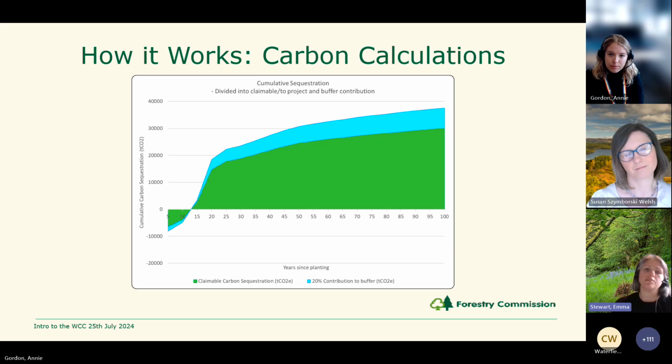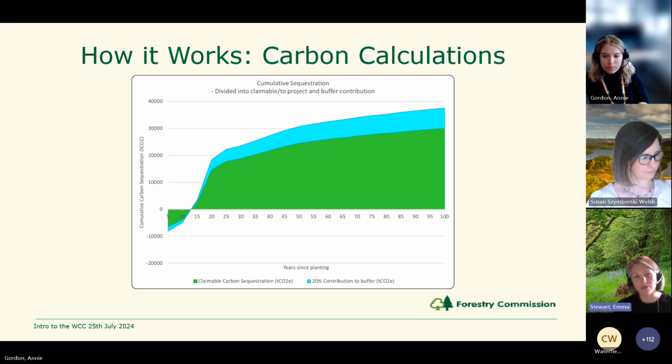We have Excel spreadsheets that can do that for you, or if you'd like a bit of help using them and getting all the other necessary documentation together, you can choose to work with a project developer, and you can find details of those on the Woodland Carbon Code website. Through the Excel sheets, we model how much carbon we would expect a woodland creation project to sequester, and we can do that up to 100 years. That allows us to predict how much carbon a woodland will sequester over time.